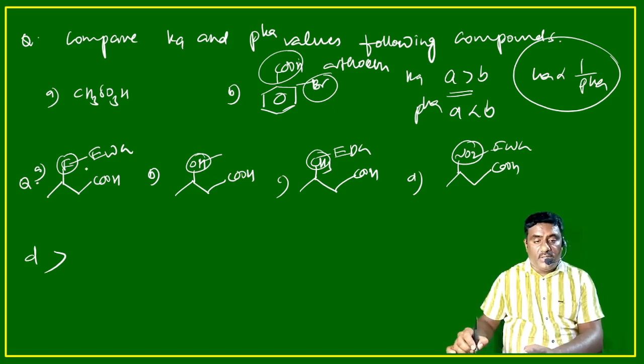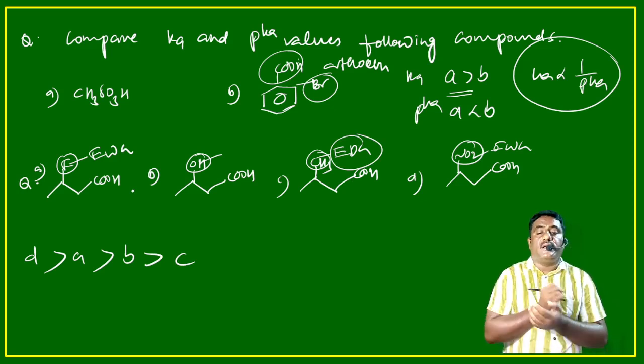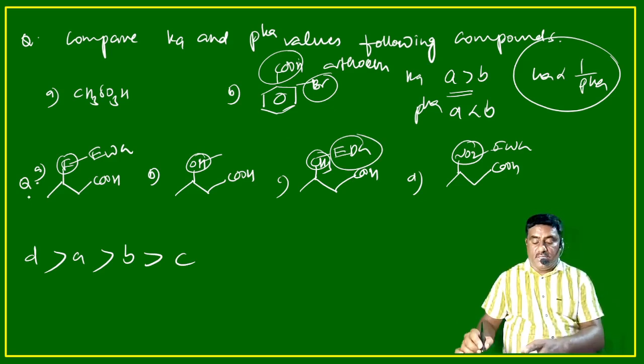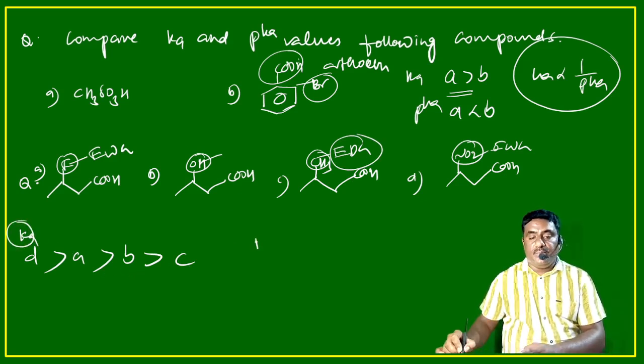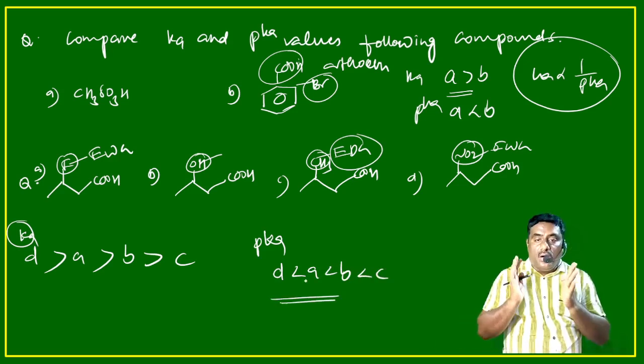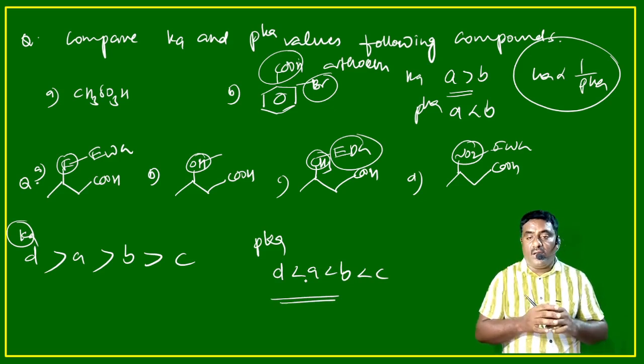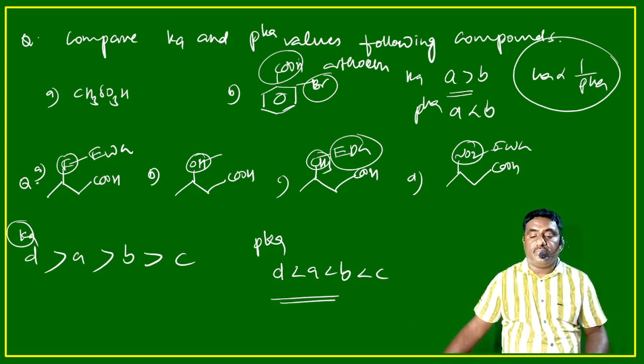After that comes fluorine, then the OH group, B. After that C, which is an electron donating group. So D is greater than A, greater than B, greater than C in Ka. For pKa it is the opposite, so D is less than A, less than B, less than C. This is the order of Ka and pKa.